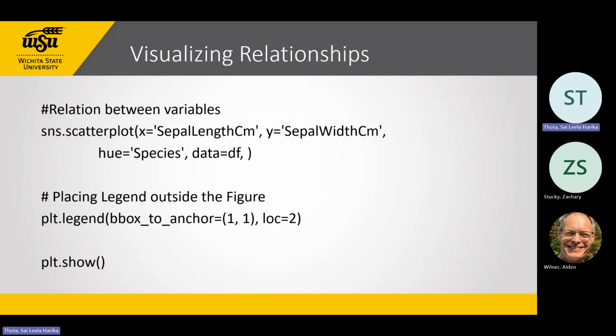And next, visualizing the relationship. By using this code, you can see the relationship between two variables. For example, here I considered x equal to sepal length and y equal to sepal width. The independent variables are denoted by x and the target variables are denoted by y.